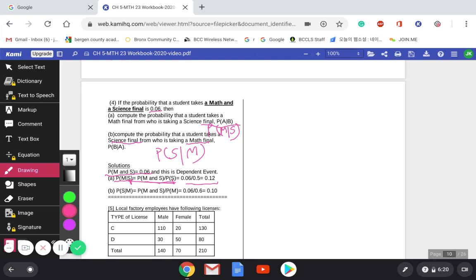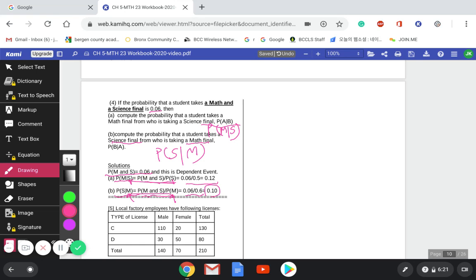Then it will be math and science divided by math. They have to match with this. So you got 0.10. It looks confusing, looks hard, but you really have to read carefully, see what is given, and find out what you need to get the answer.